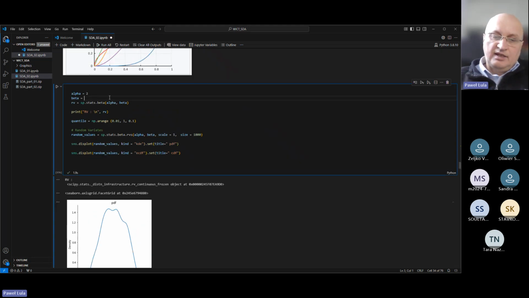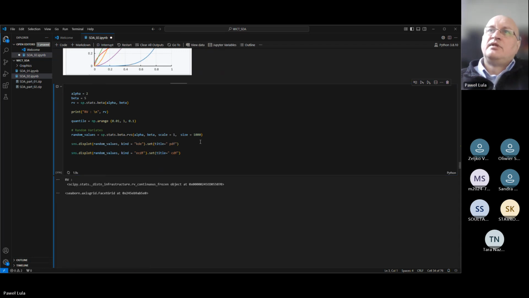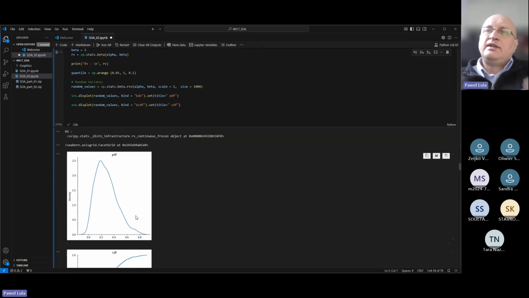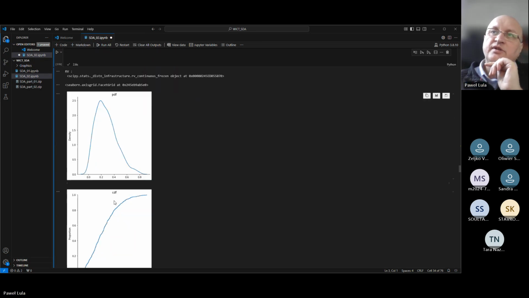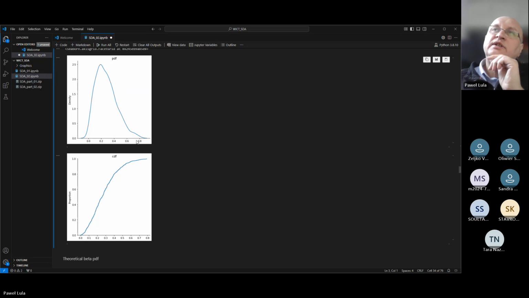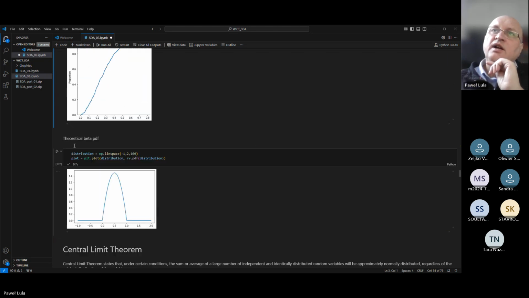Please look, I can change beta, for example, to 5. And we see that in this case, the empirical probability density function is not symmetric. It has this shape, and also the theoretical.